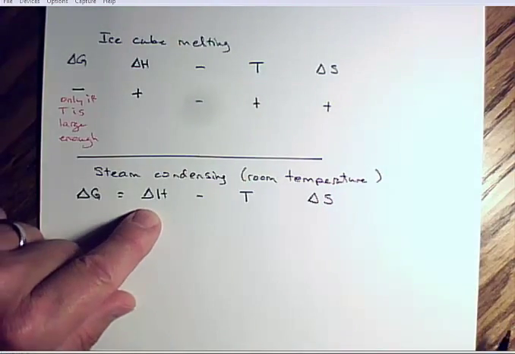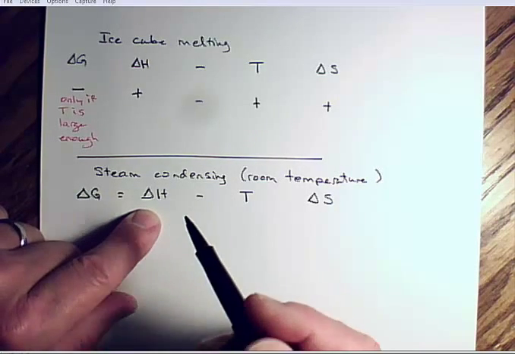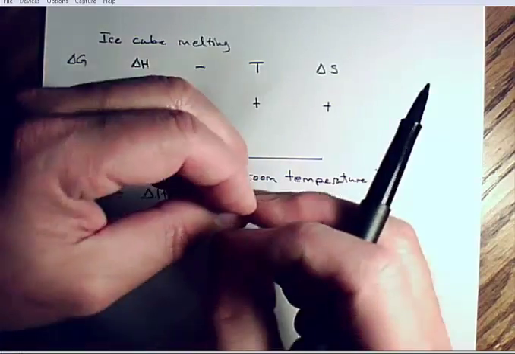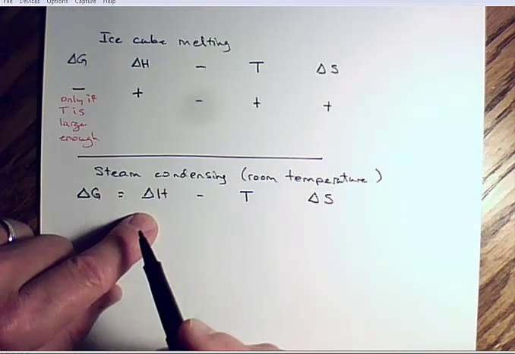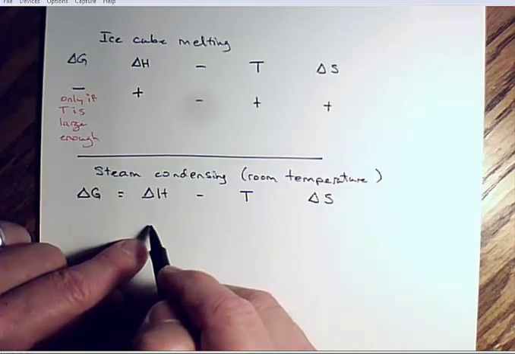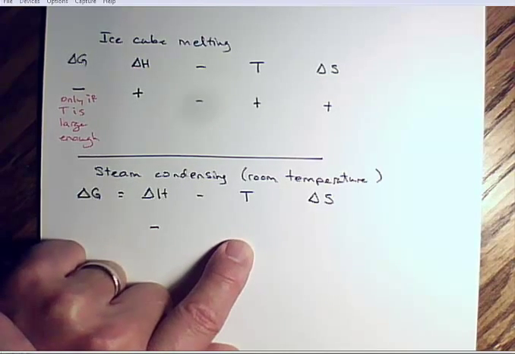So the amount of stored energy in the steam is higher, and as you go to liquid, the amount of heat energy stored in it is lower. Those particles moving faster and spread way out have a higher amount of stored energy than when they become a liquid. So since we're going from gas to liquid, this is going to be a negative number. Right? What about the temperature?